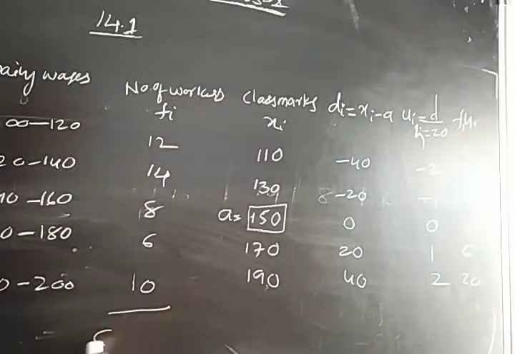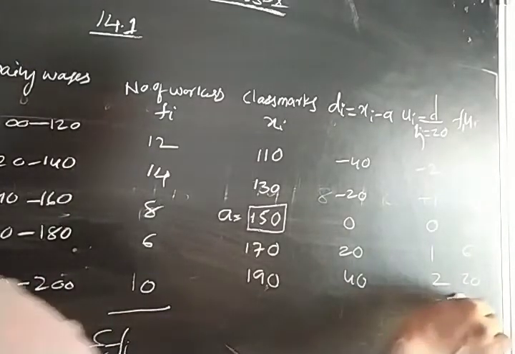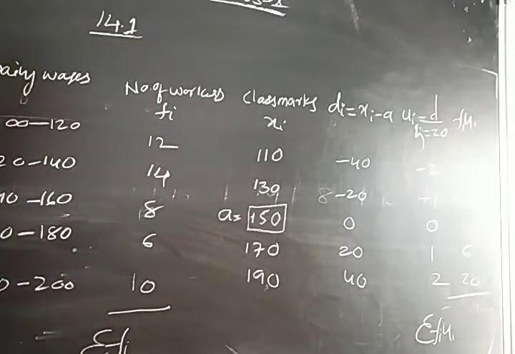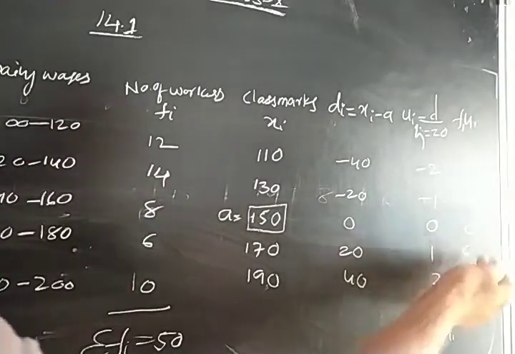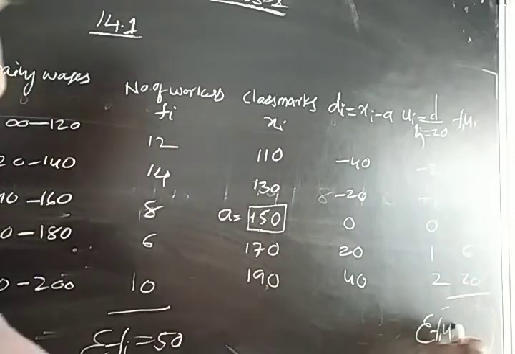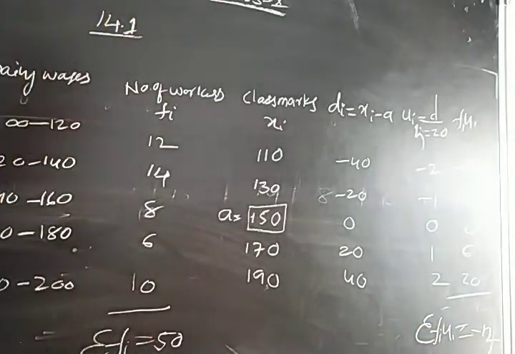Then find summation Fi and summation Fi Ui. Summation Fi, by adding all these, you will get 50. Summation Fi Ui is minus 24 minus 14 plus 0 plus 6 plus 20, which is minus 12.